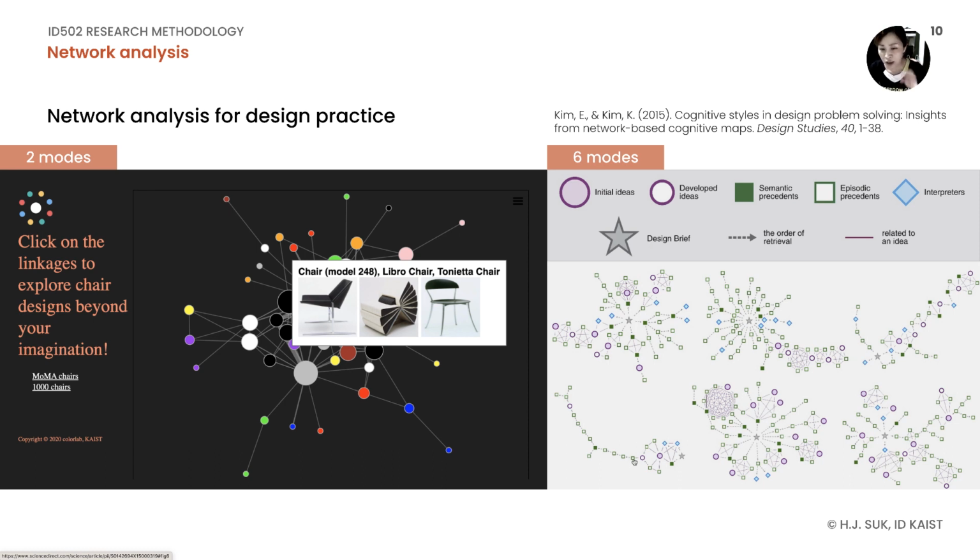This person finds an initial idea and elaborates this idea further. But this person is always having different ideas, and one idea initiates another, and so on. Using this network analysis, she could successfully visualize how people were thinking.